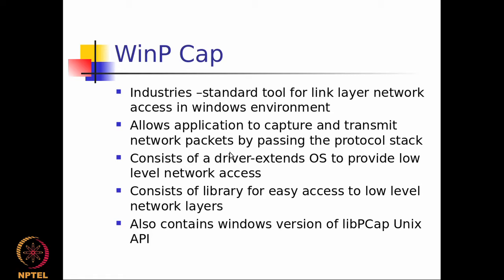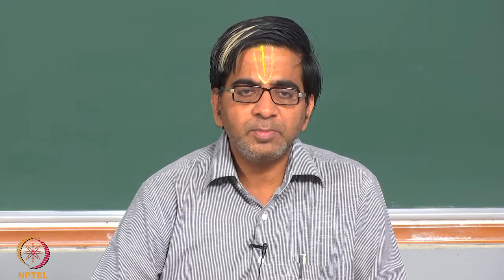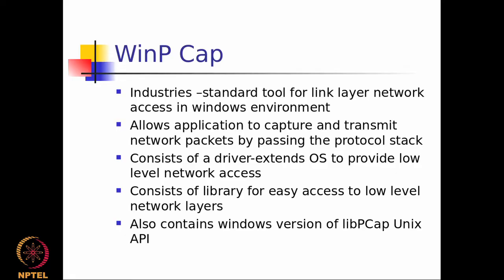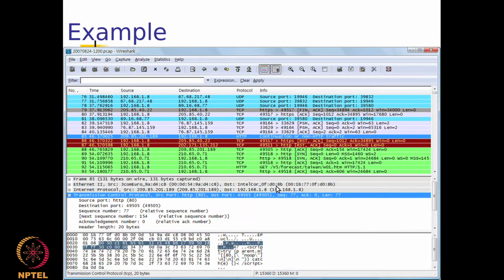It consists of a library for easy access to low level network layers, that is, different kinds of interfaces for capturing the packets and returning them to a front end application like Wireshark, which is done by this packet capture library, so that the front end applications can display the contents effectively, right. And this basically contains the Windows version of the Unix PCAP library that we were talking of.